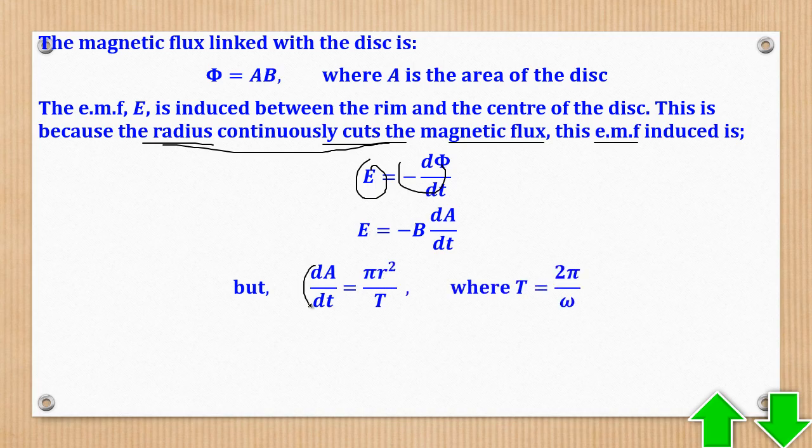So dA/dt is the same as the area swept over one revolution over the time. When the whole of this area is swept, the area is the same as the area of a circle, and the time is capital T, where T is the period, and we already know that the period is given by 2π over ω.